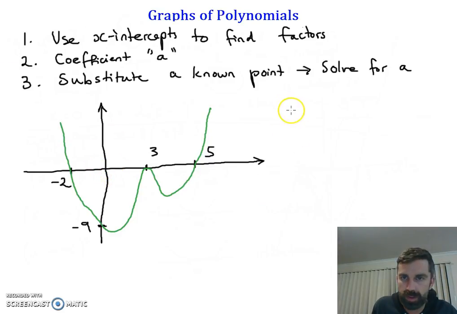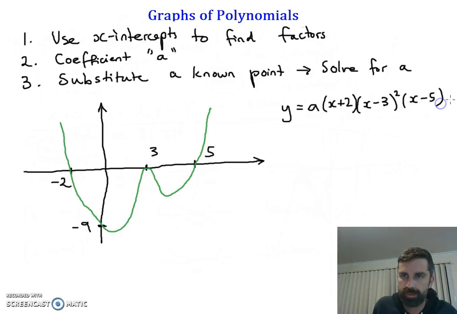Okay, so what we know is that it has to look something like this. y equals a, and that's my coefficient, times x plus 2, that's my first x-intercept, times x take 3 squared, because it touches, times x take 5. Now all I have to do is figure out what a is by substituting a known point, which is my y-intercept.